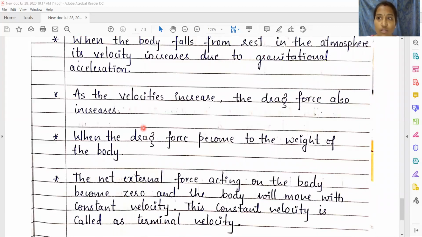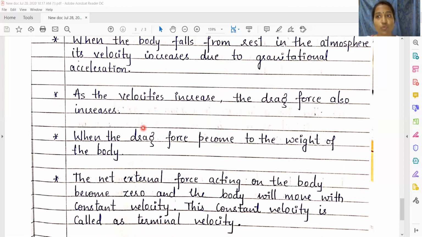This constant velocity is called your terminal velocity. Clear?